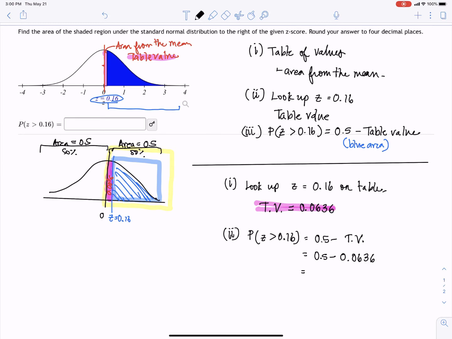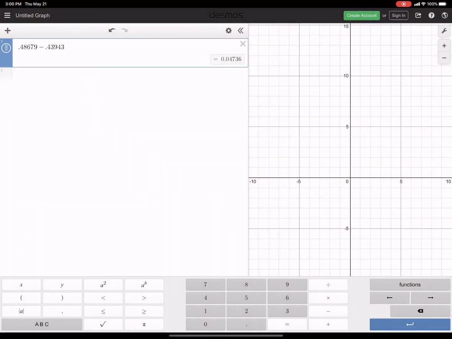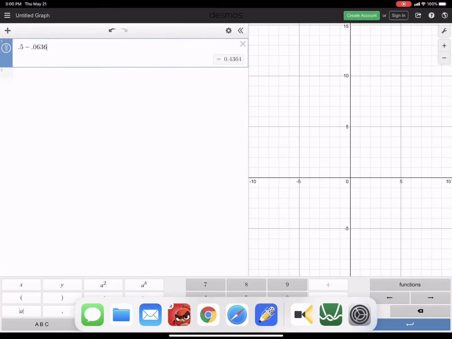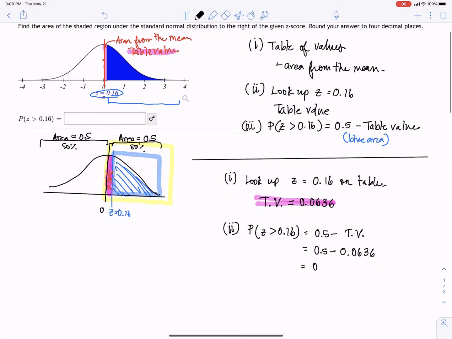Now we may not know that off the top of our heads, so we can just go to our calculator and put in 0.5 minus 0.0636, and we get 0.4364. So that's the answer rounded to 4 decimal places.